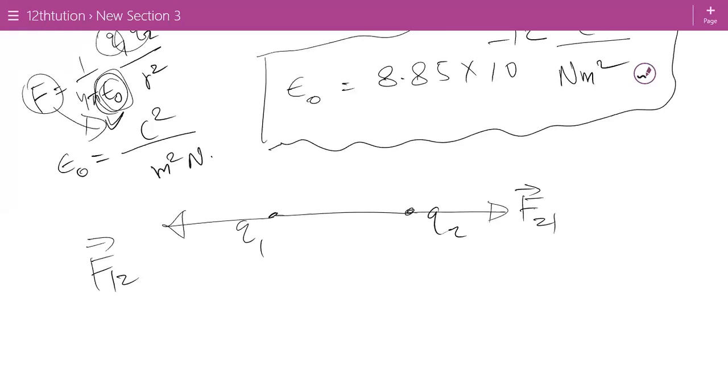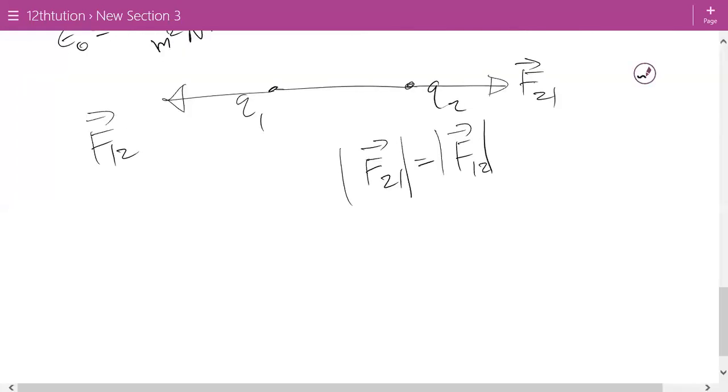The magnitudes of F21 and F12 are the same and their directions are opposite. So it is Newton's third law: every action has an equal and opposite reaction.